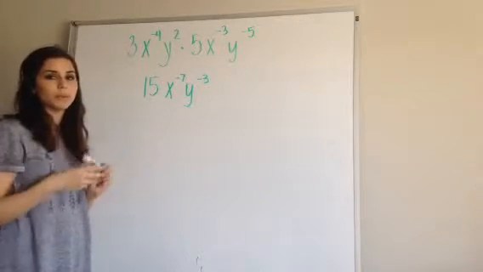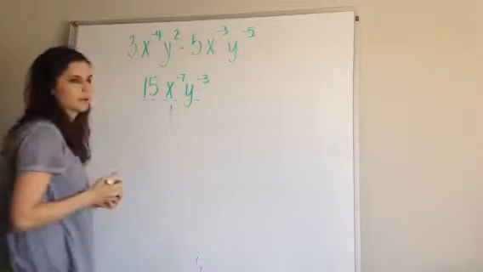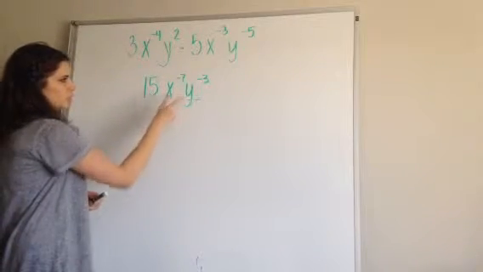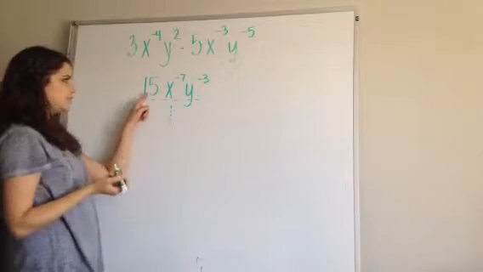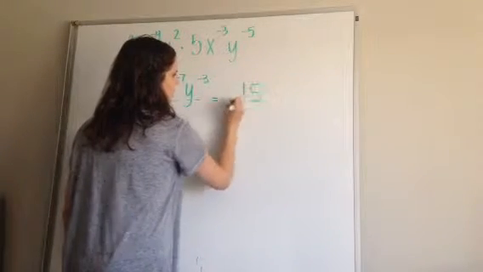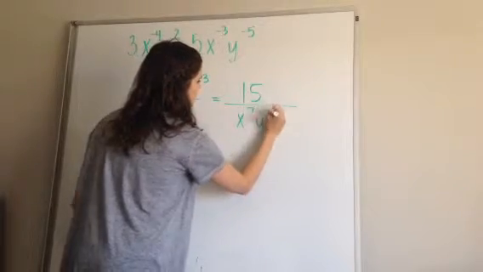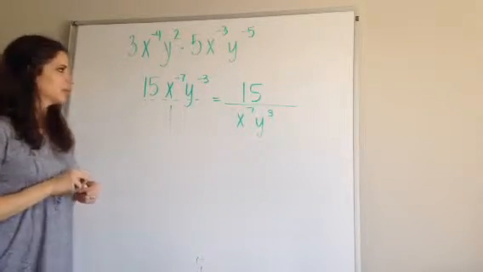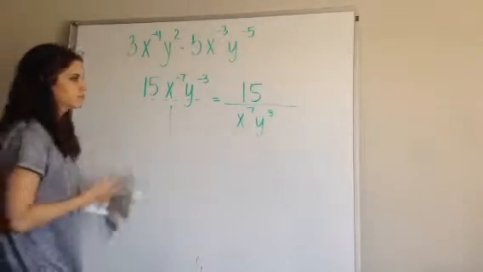So I have to move them in their location. I can write it over an invisible 1 and put those downstairs because they both have a ticket to move locations. The 15 is just going to stay up top though, because it doesn't have any negative exponents. So x to the 7th and y to the 3rd. And that's our answer.